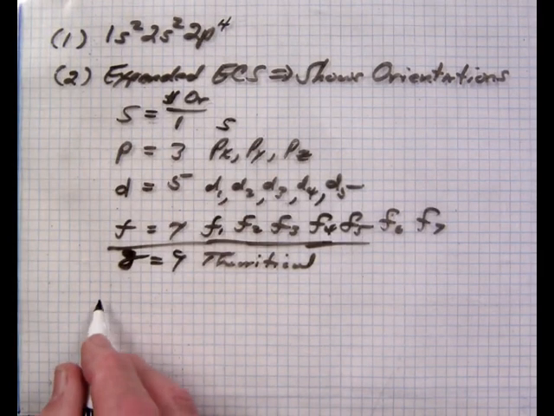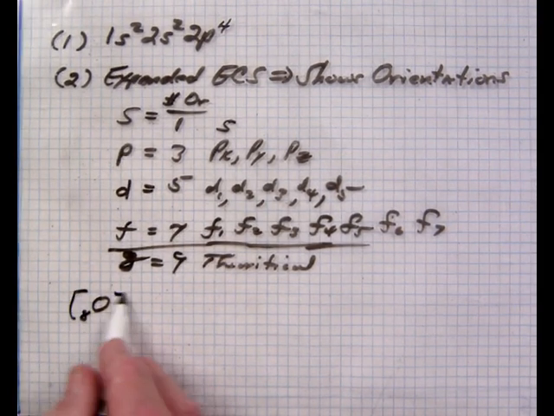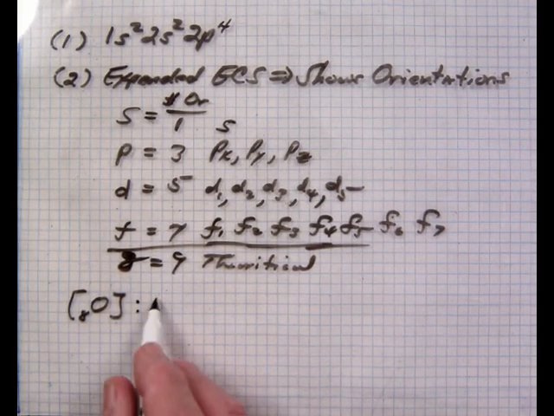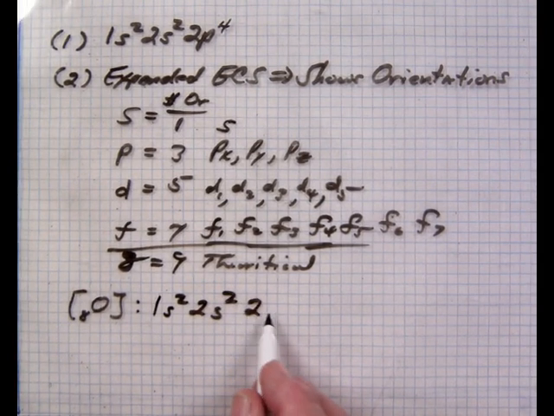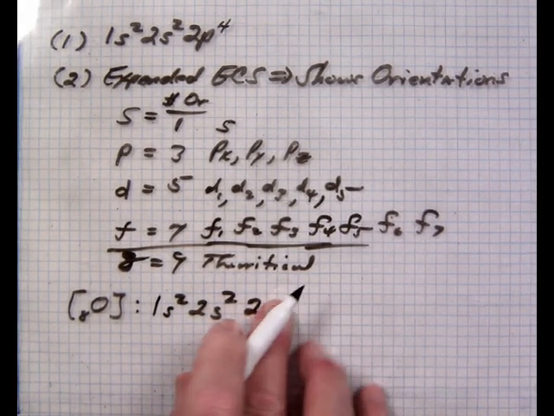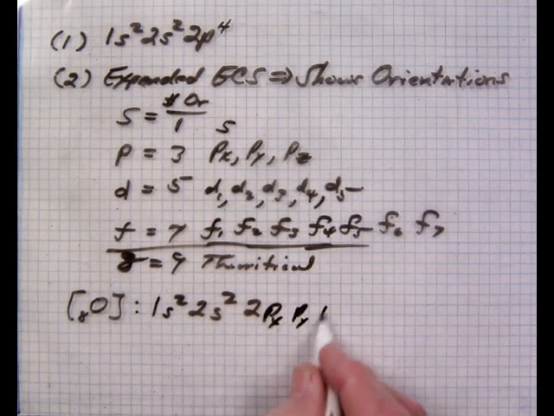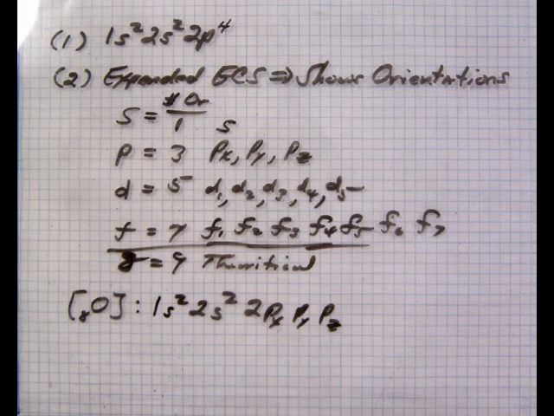So oxygen, atomic number 8, is 1s2, 2s2, 2p, and then I'll have 3 orientations: px, py, and pz. Those are the 3 orientations. So you're taking a given orbital and expanding it into its orientations.